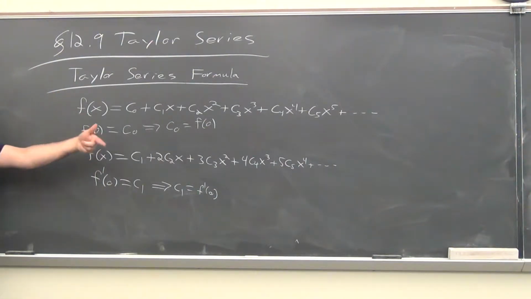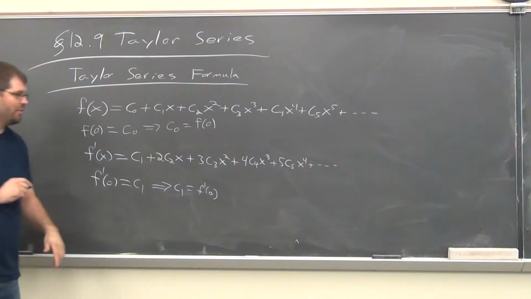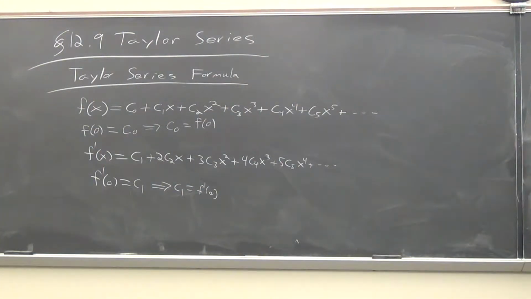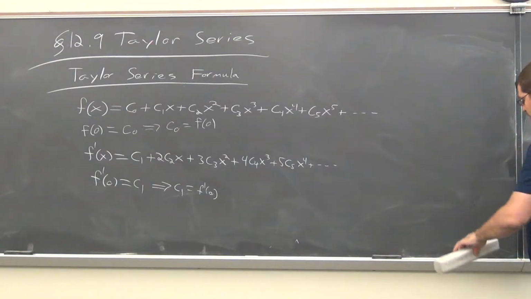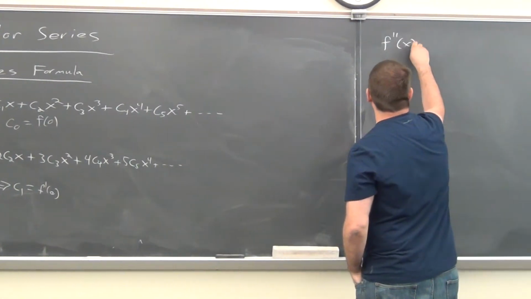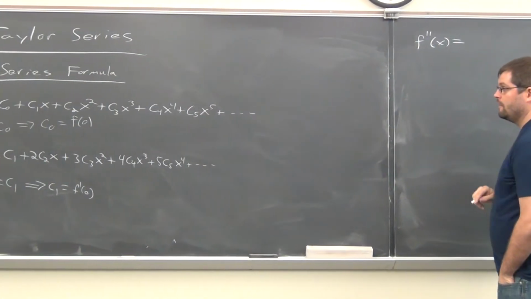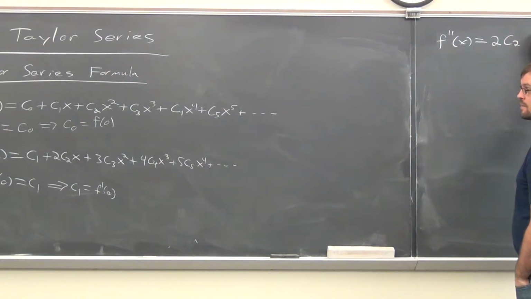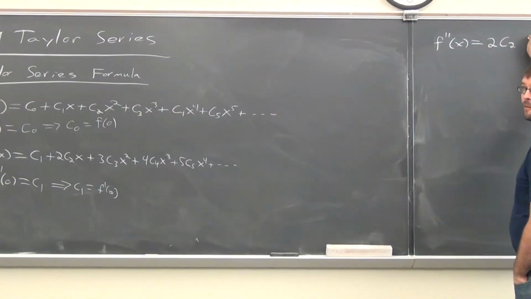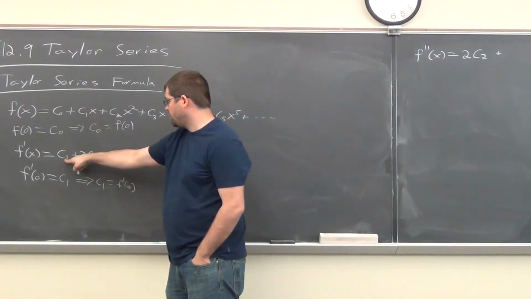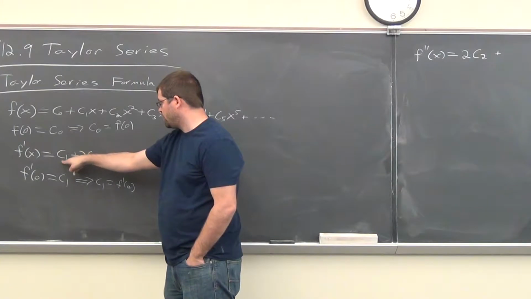It's going to involve the subsequent derivatives of a given function, but they get a little messier than that. It's not just that c2 is the second derivative and c3 is the third derivative. It's a little bit uglier, but not much. So what's the second derivative of your function? The second derivative of c1 is 0.